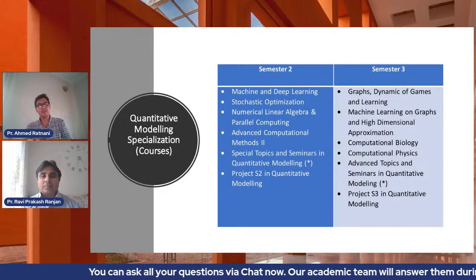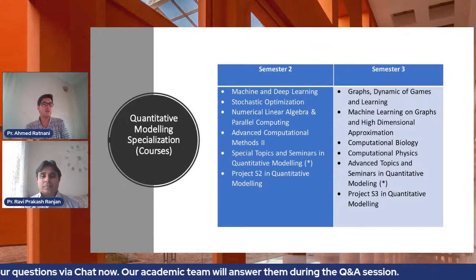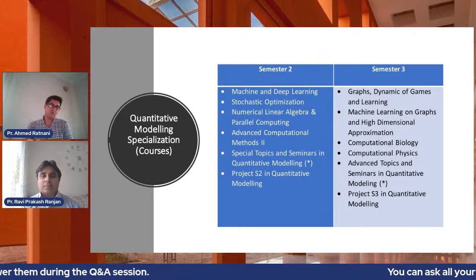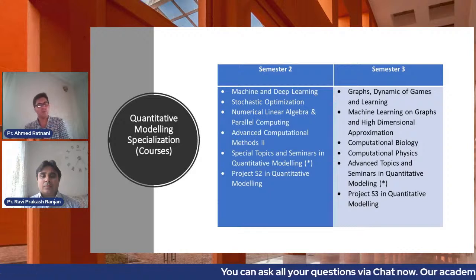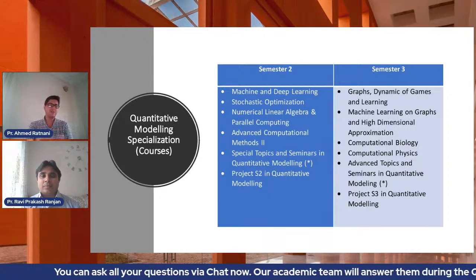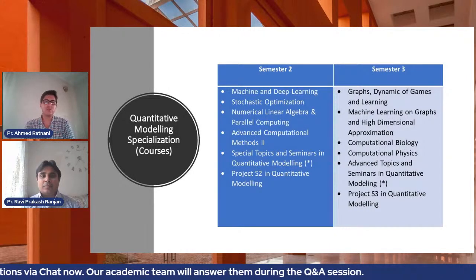This is the nice thing in this program: for example, you can follow the quantitative modeling specialization but still take two courses from finance, which means that you are developing quantitative and modeling skills, but more dedicated to finance. This is very, very nice. So you can have many nice features with this program.